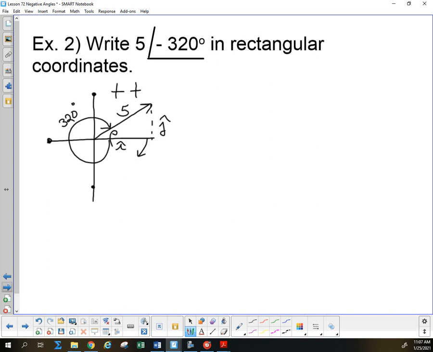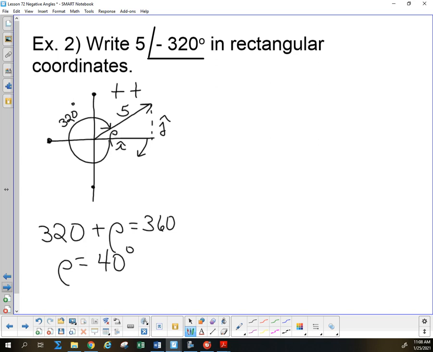As I look at my picture, I see that 320 took me most of the way around the circle, and if I added rho to that, I would have a total of 360 degrees. That is how I know that rho has to be 40 degrees inside of that triangle.